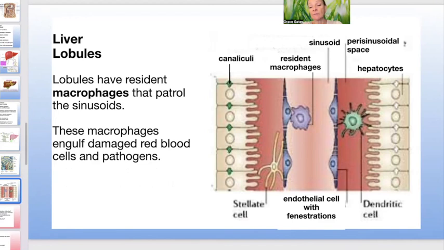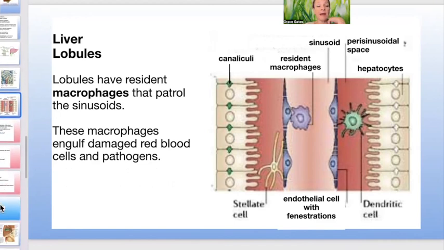And you see here in purple, there's a resident macrophage patrolling, sort of rolling around in the sinusoids, and the macrophages will engulf damaged red blood cells and any pathogens that have gotten into the liver, most likely through the hepatic portal vein, because it would be in the blood that was being drained from the intestines.